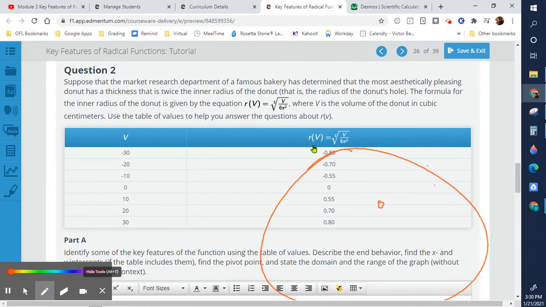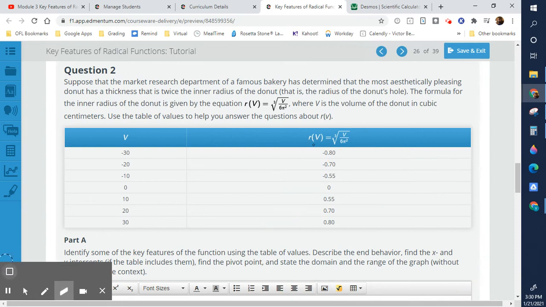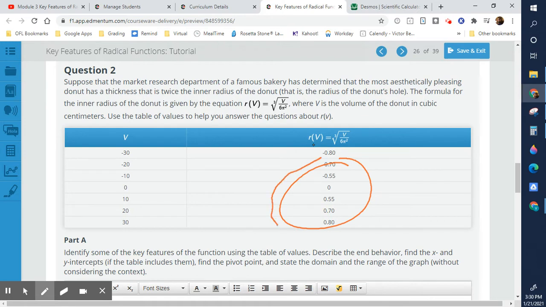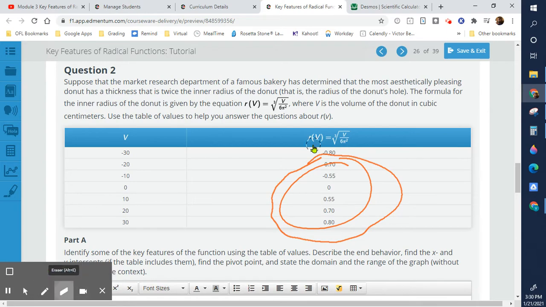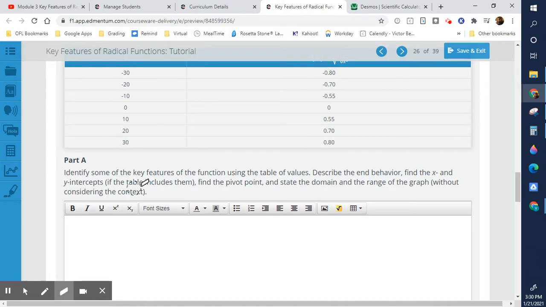You also don't want a donut that has a huge radius and a tiny volume. So they figured out this formula. All right, so here's a chart.